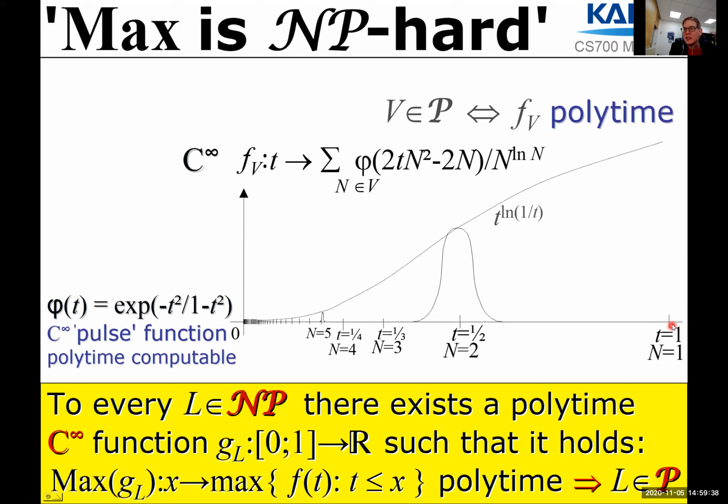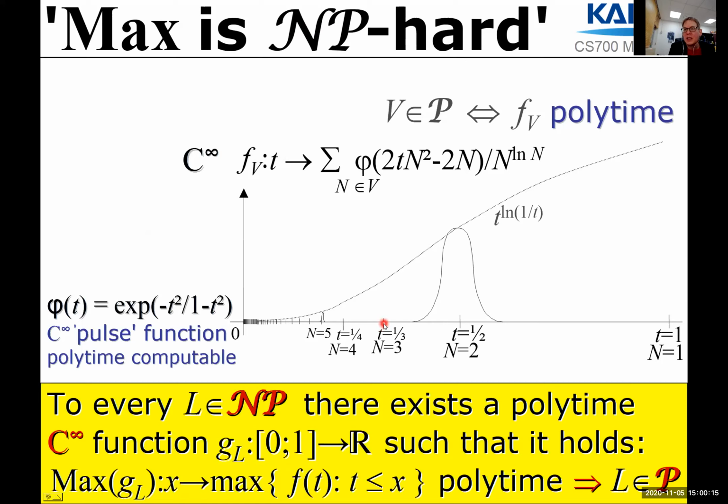Determine the subinterval, the center actually of the subinterval, which corresponds to the input N. Here, this center, here, this center, here, this center, and evaluate the function f_V at this argument, which by hypothesis is possible in polynomial time, in time polynomial in the output precision parameter. And by evaluating this, if the pulse is present, then the value of the function is positive. If the pulse is absent, then the value of the function is 0.